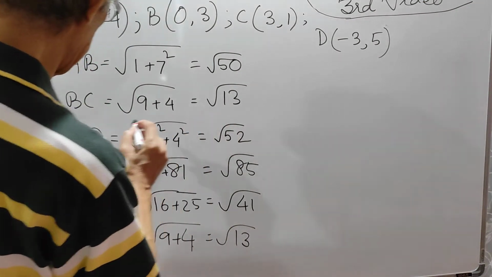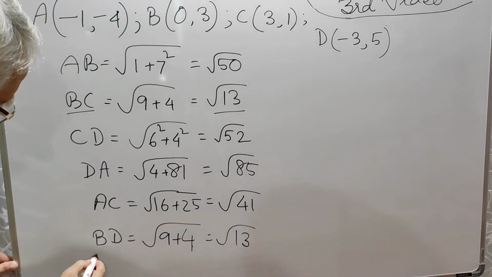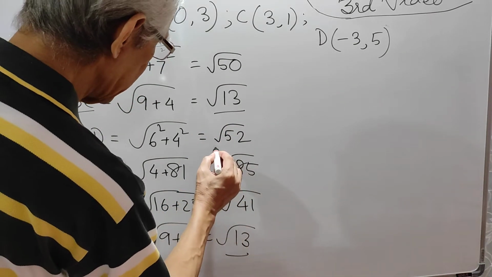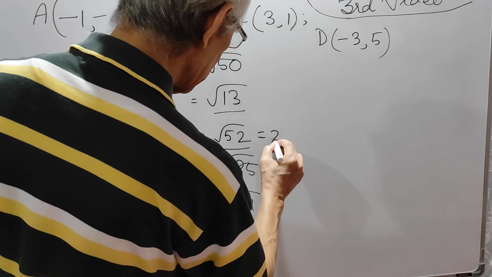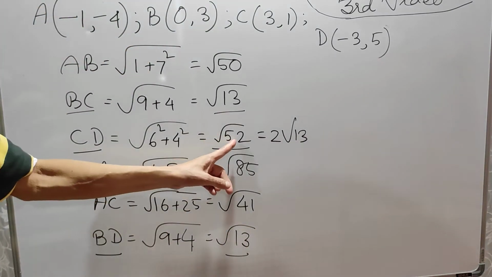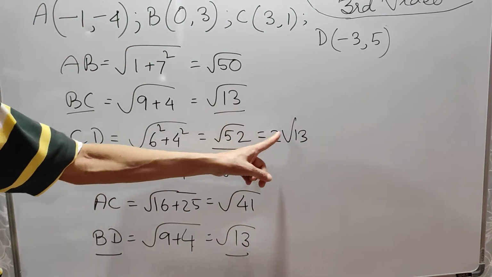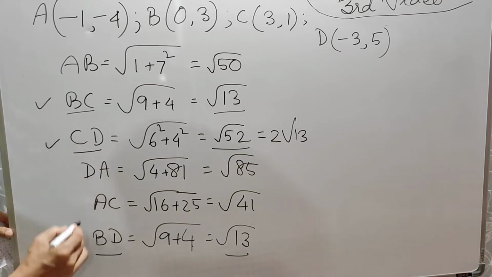This is root 13, this one, BC. BC is root 13, then BD is root 13, and this one, CD. CD is what? 2 root 13. You can express it as a square root of 4 into 13. So square root of 4, yes. Now you see, let us take this one, this, and this.